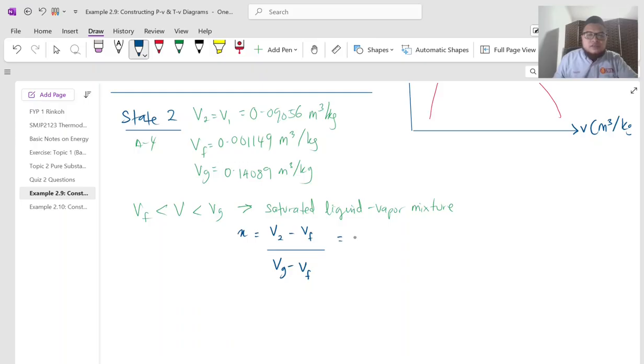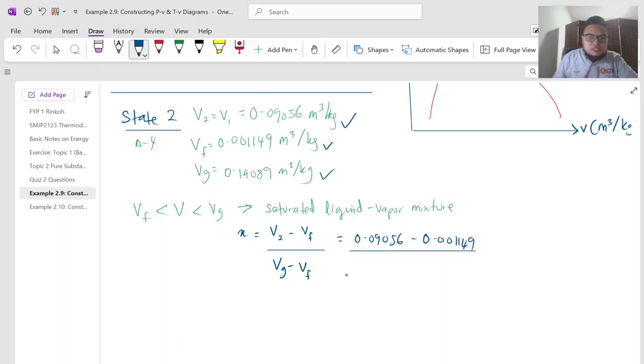Now we have all these values. We have V2, which is this, 0.09056, minus Vf, which is this, 0.001149.